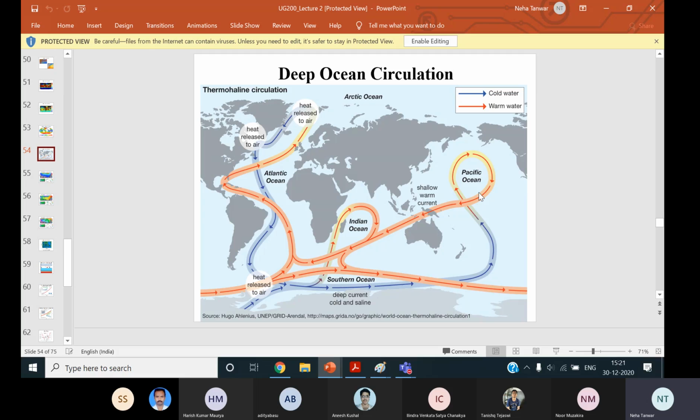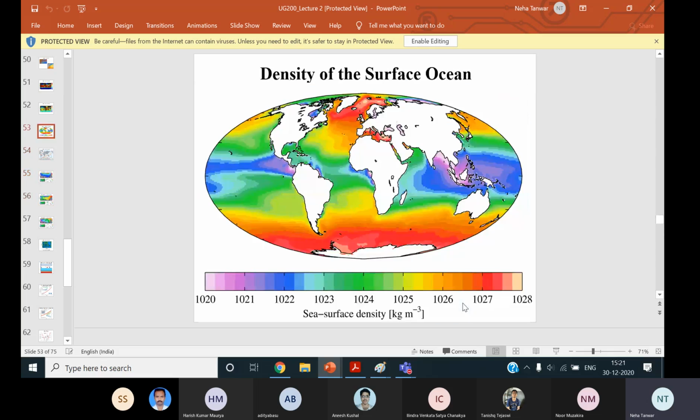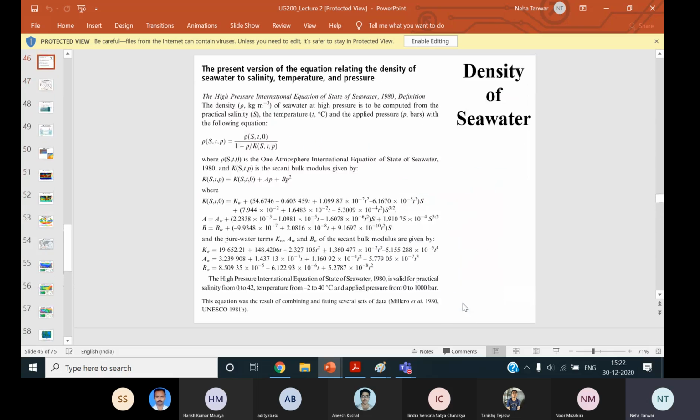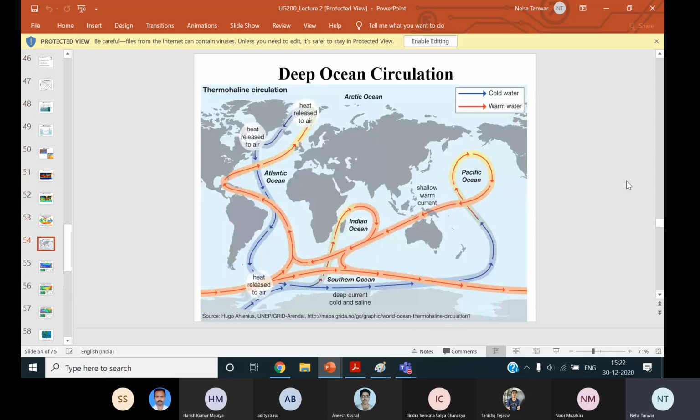These deep water formations are continuous, and of course very large. Sir gave you 80 Amazon rivers, right? The deep water formation is equivalent to 80 Amazon river flows. But as such, there's no threshold.